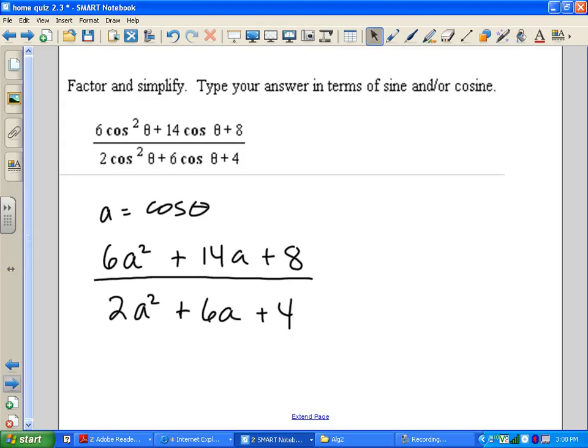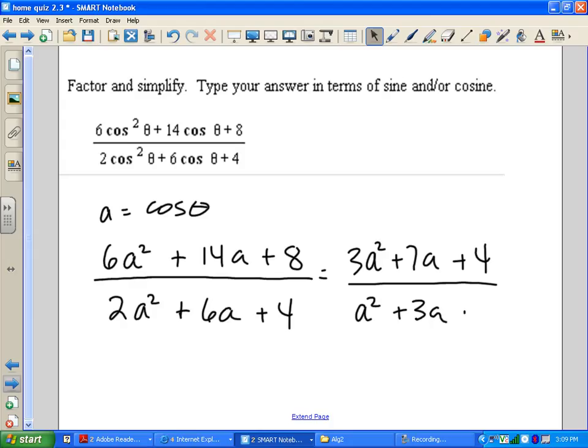Notice you can factor out a common factor of 2 there. I'm going to do that first, and reduce out a 2 here. So that would make the top 3a squared plus 7a plus 4, and in my denominator here, a squared plus 3a plus 2.